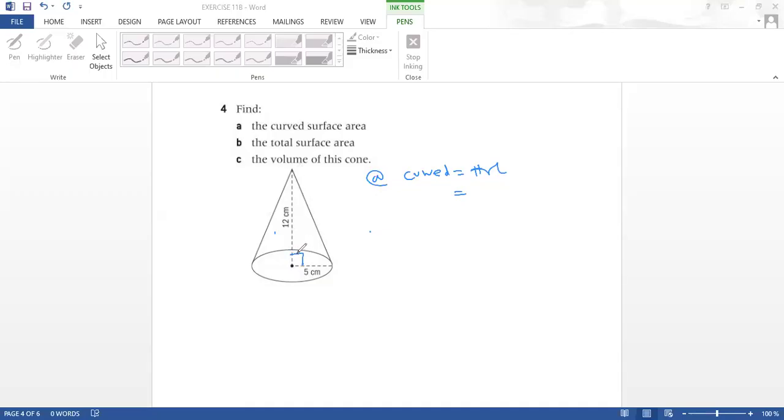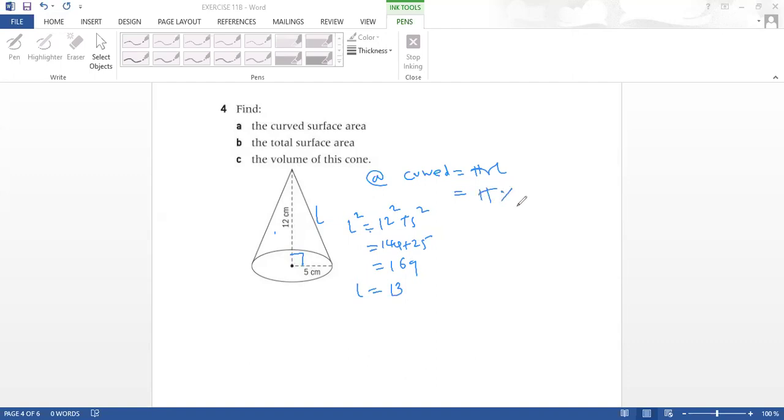It's perpendicular. Since this one is a right angle, we'll use Pythagoras theorem. If we call this one L, L squared is given by 12 squared plus 5 squared. This is 144 plus 25, which is 169. You do the square root, you get L as 13.